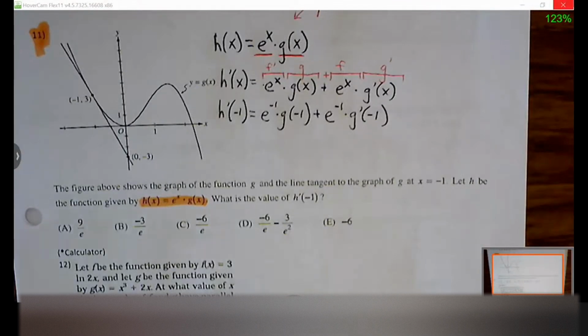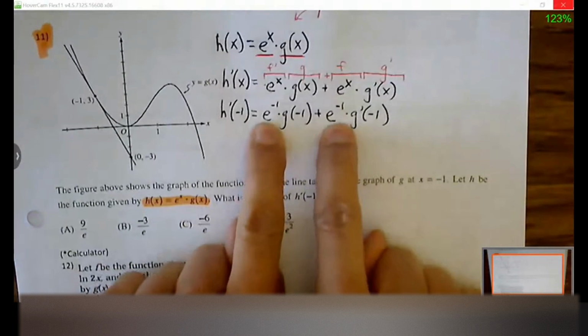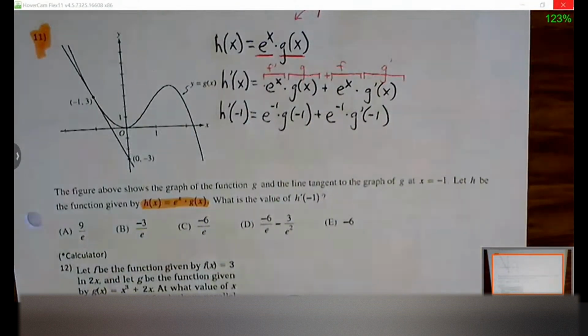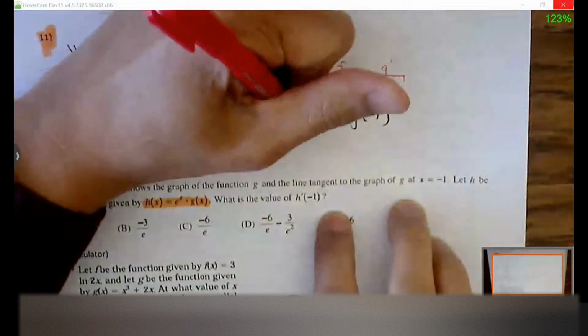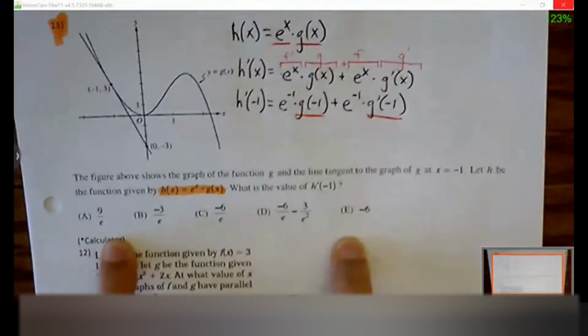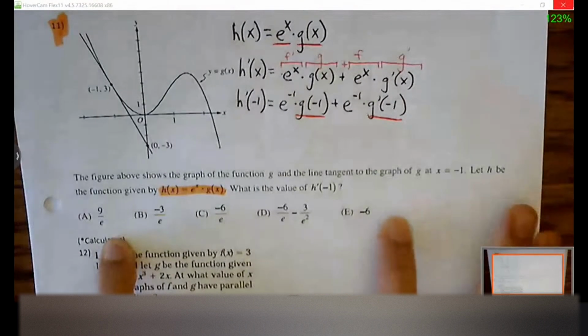Okay, so we have the first parts filled in. Those are numeric values. We just have to find a replacement for g of -1 and g prime of -1 because our answer choices are not in function notation.